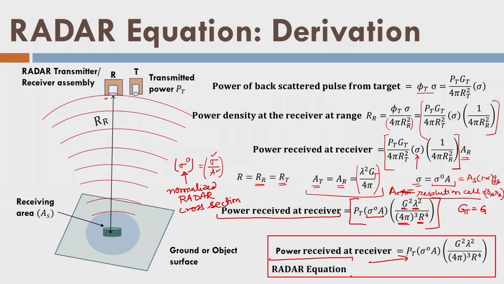You can see in the whole equation, in this term, PT is the power transmitted, A is the resolution cell, G square is the antenna gain, lambda is generated by the system, and R is the distance. So, we do not have any control over R as well as sigma 0, or I can say the reflectivity 1 minus alpha. So, now we should understand how this reflectivity changes or affects the brightness, the response or the backscatter.